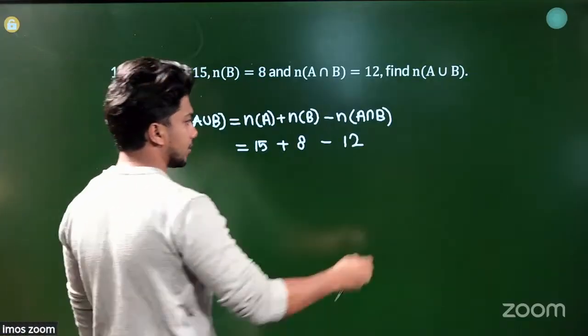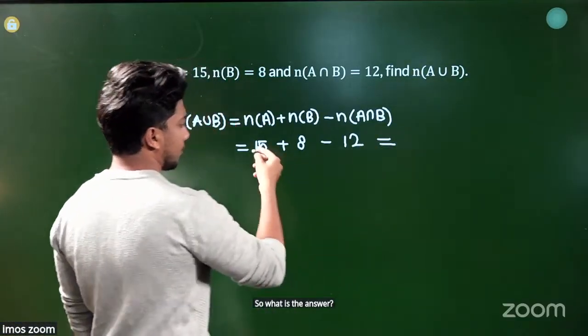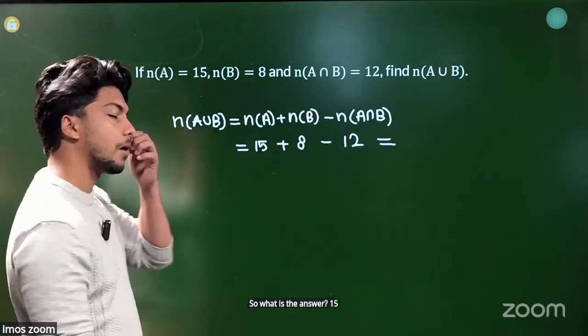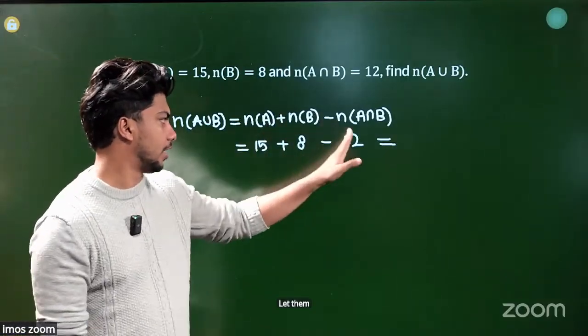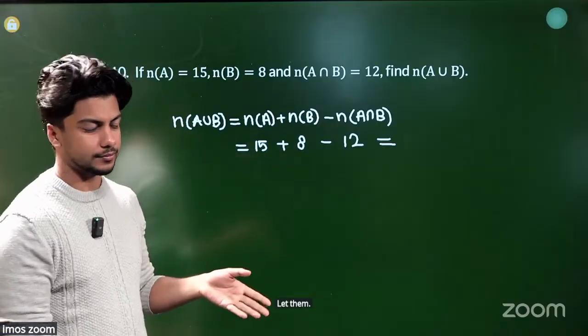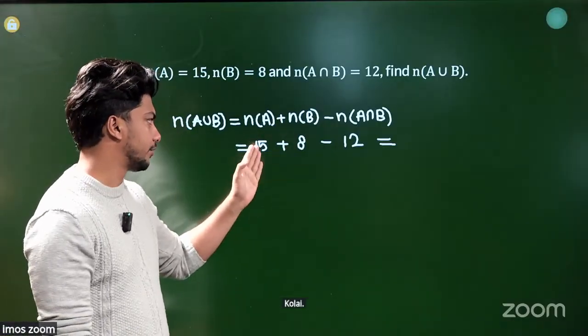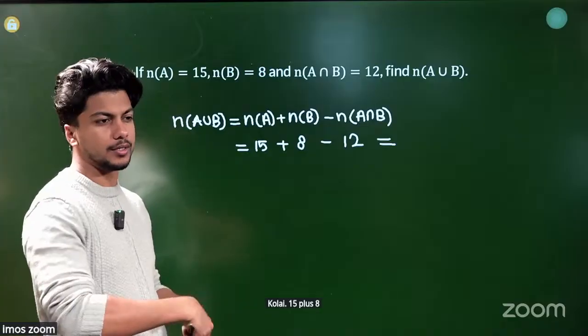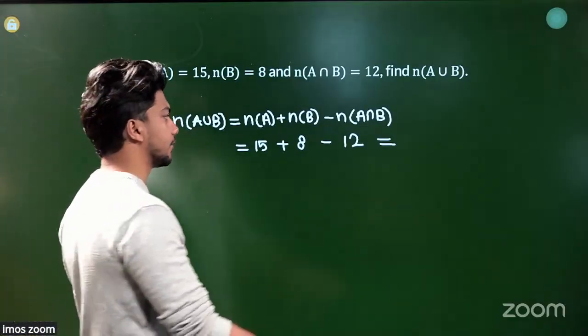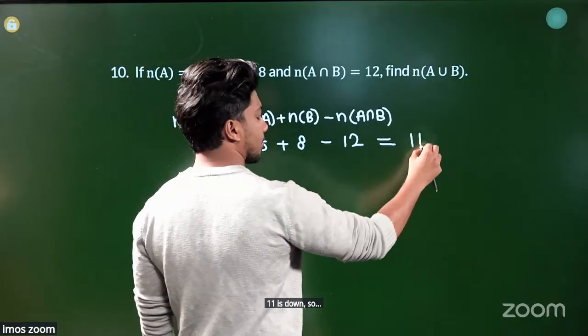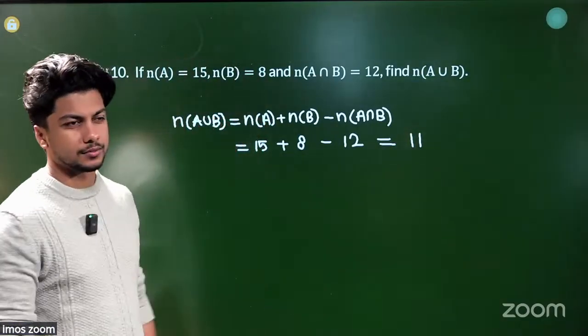So what is the answer? 15 plus 8, it is 23. 23 minus 12. 11 is the answer. Easy question.